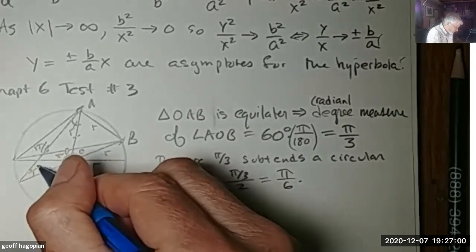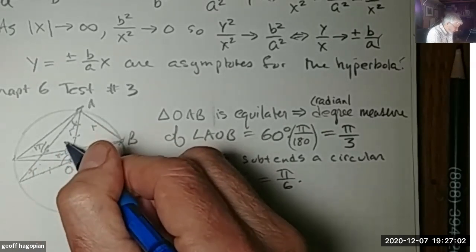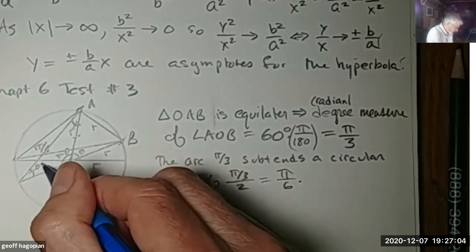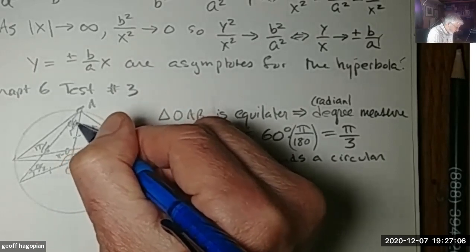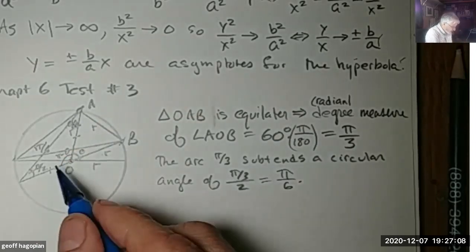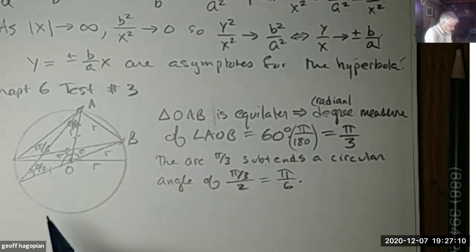So each one of these are equal, right? So each one has got to be theta over 2, so that the sum of the interior angles of that triangle is 180 degrees.